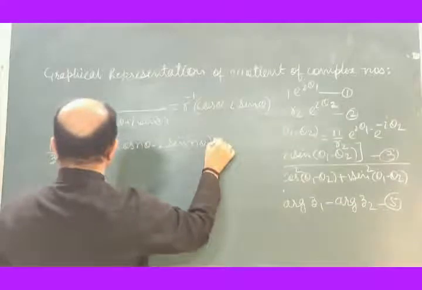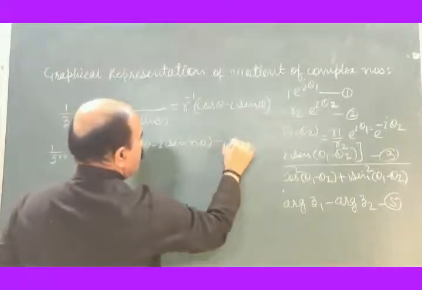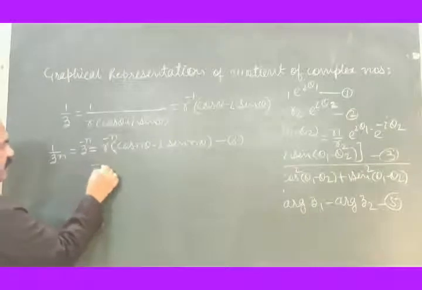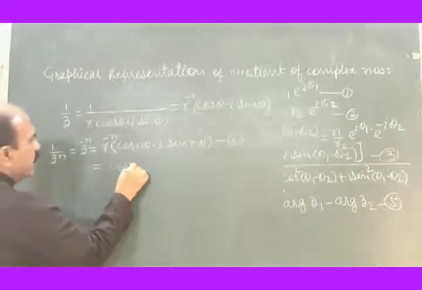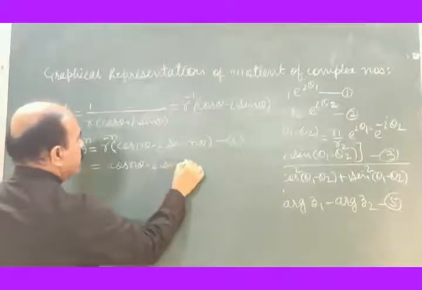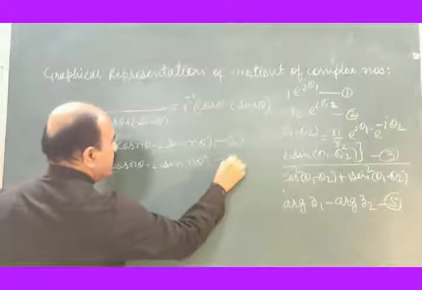This is nothing but what is written already. Equation number 6. If we consider r is equal to 1, this equation will become simply cos n theta minus i sin n theta. Equation number 7.